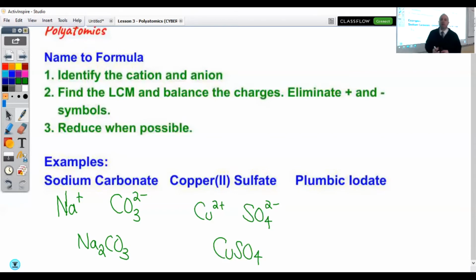If we take a look at our last example, plumbic iodate. Plumbic, if we look on our divalent cations on the left side of our page, we'll find out that plumbic is Pb with a 4+ charge. And iodate is IO3 with a 1- charge.